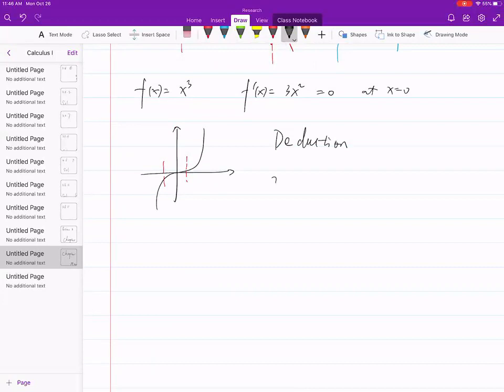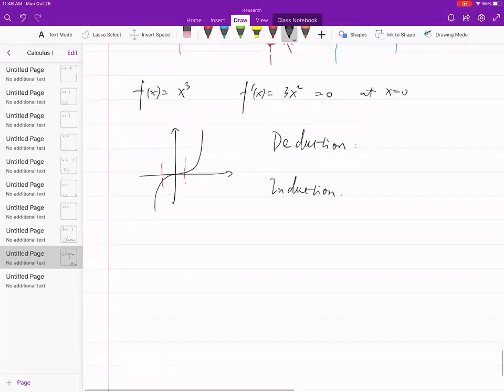Deduction and induction. Every time you do something in science, you need to differentiate between deduction and induction. Mathematics is always deduction. A deduction looks like this: if A implies B and B implies C, then A implies C. That's purely starting from the start and using logic to derive new statements, so the new statement will always be true.